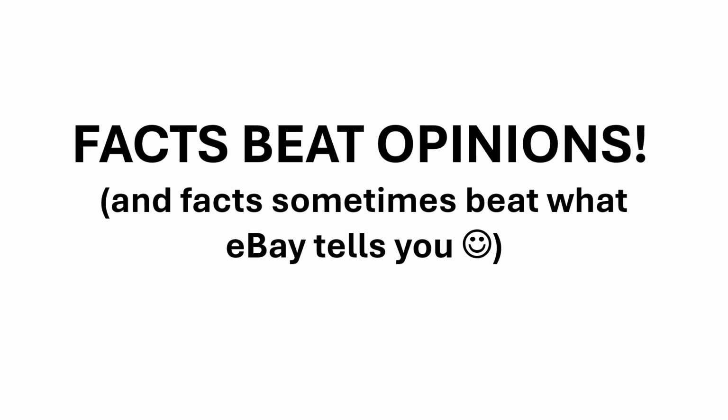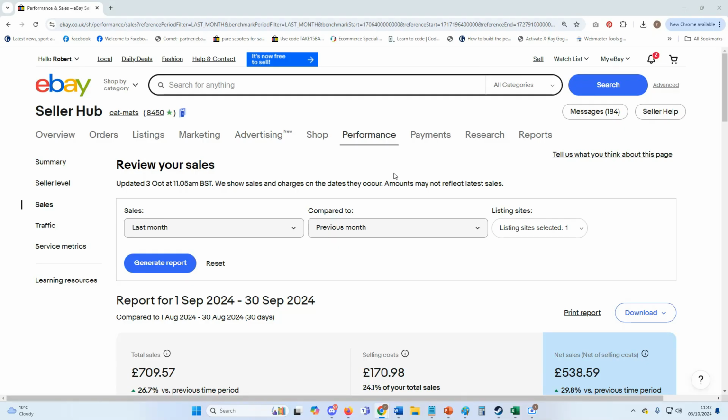And the other thing I'm going to start talking about a bit more is the idea that facts sometimes beat what eBay tells you. Why is eBay giving you certain pieces of advice? And why might you be the exception to the advice and the rules that eBay give you? Because there most certainly are exceptions. People get into a bit of a rut of thinking about what they believe rather than what they know. So on to the serious stuff.